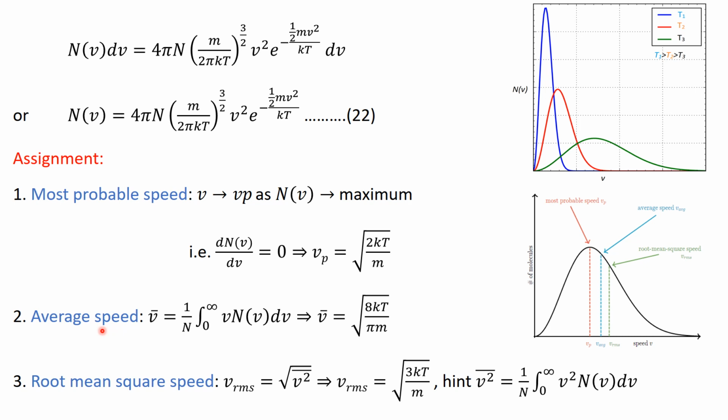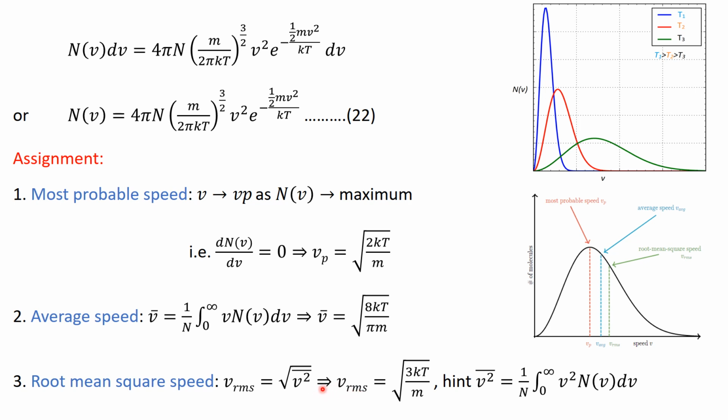Similarly, the average speed is given by this. This is the sum of the velocities of all the particles divided by the total number of particles. You know that this summation actually represents an integration. If you solve this integral, you will get this relation. Similarly, the root mean square speed is the square root of the square average.